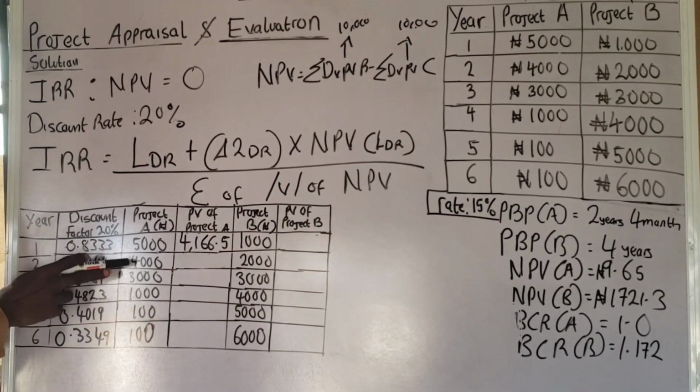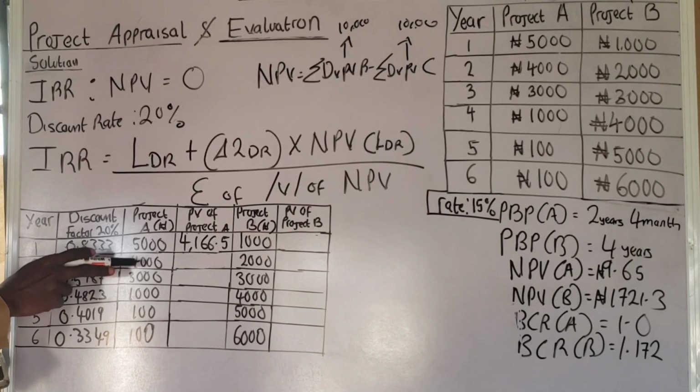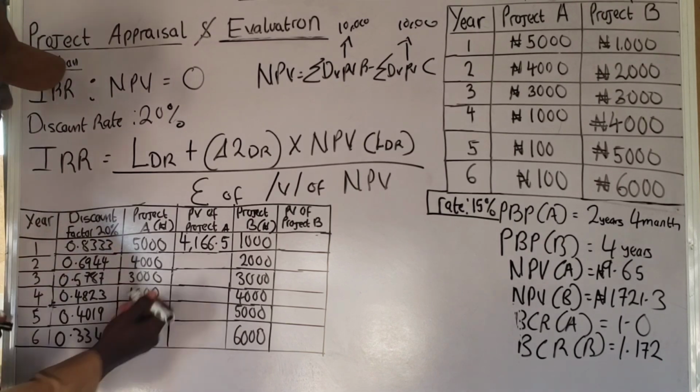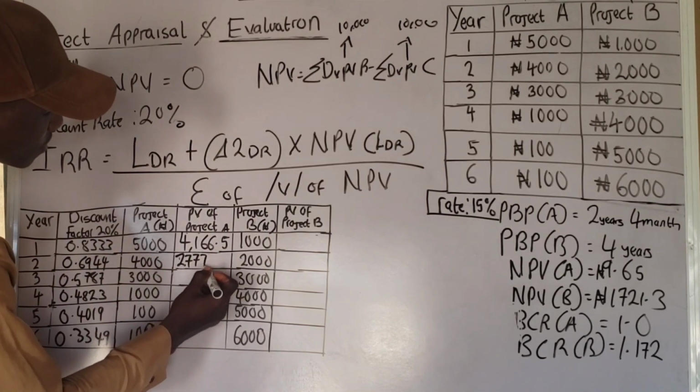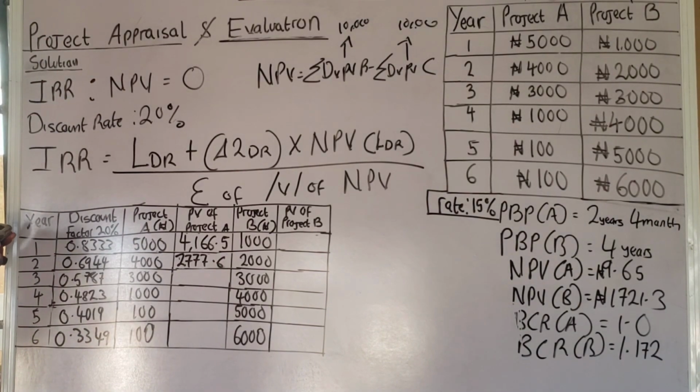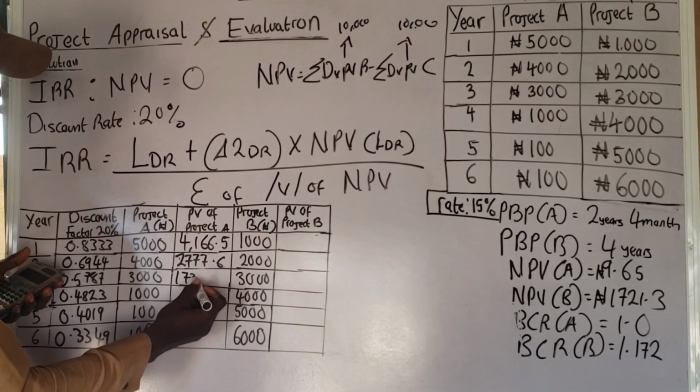You are going to take the product of the present value of project A multiplied by the discount rate. So I'm going to have 0.6944 multiplied by 4,000 naira. That is 2,777.6. For this case, I'm going to have 3,000 multiplied by 0.5787. That is 1,736.1.